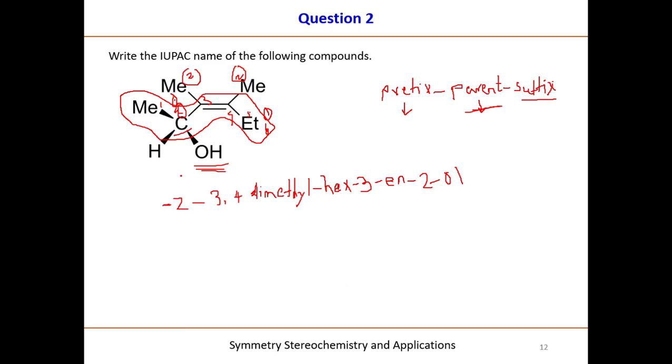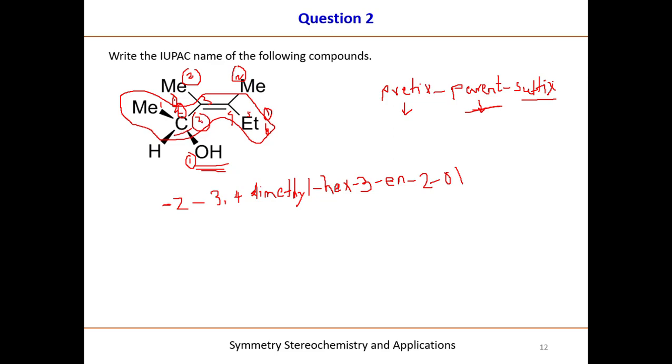Now we have to find out the RS nomenclature. So in RS nomenclature we are giving the priority numbering. Here first priority will be given to the hydroxy group, and the second priority will be given to this whole chain, carbon atom, whole group. Because this is the only chiral carbon atom present in this molecule, that's why we are finding the RS nomenclature only for this carbon atom.